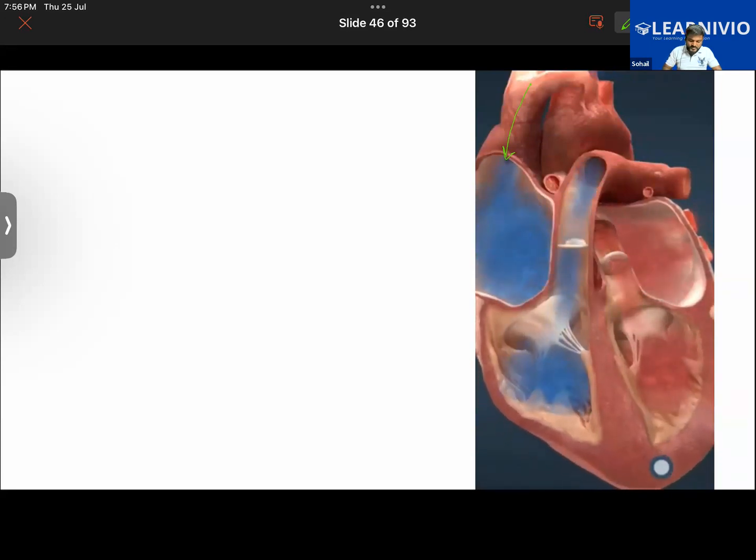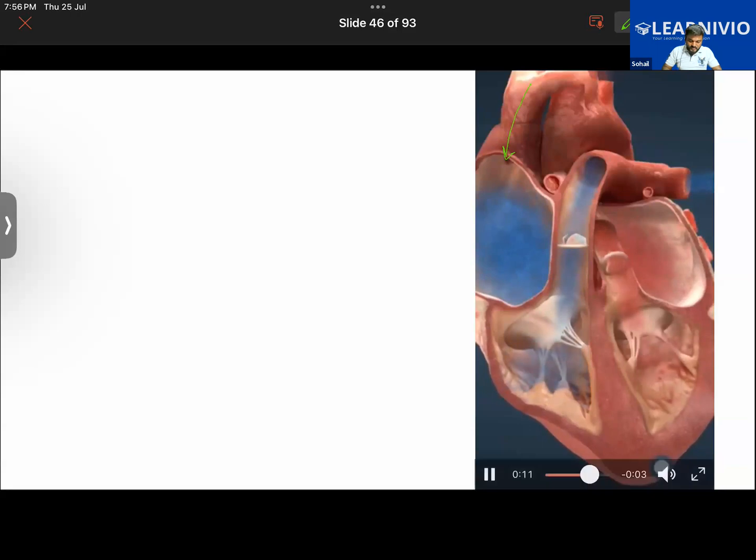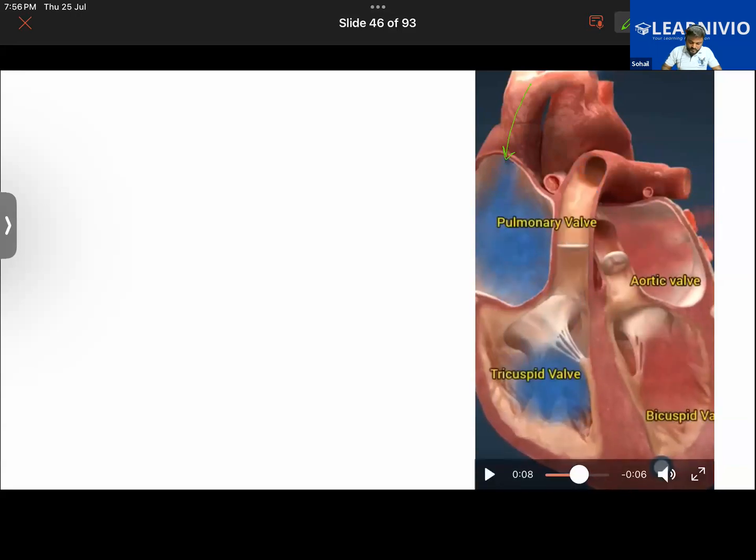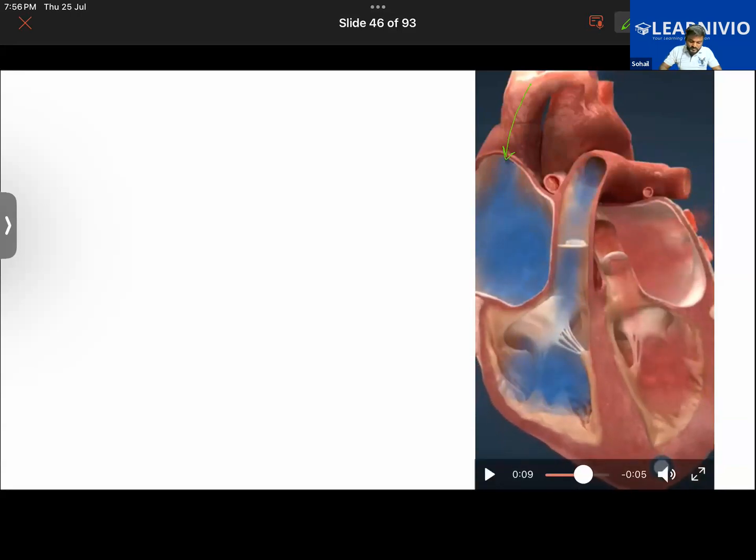It is entering the second chamber from here. So the blood came from this chamber to this chamber, and then it went via this blood vessel. Getting it? That is the movement of blood taking place into the ventricle and atrium.